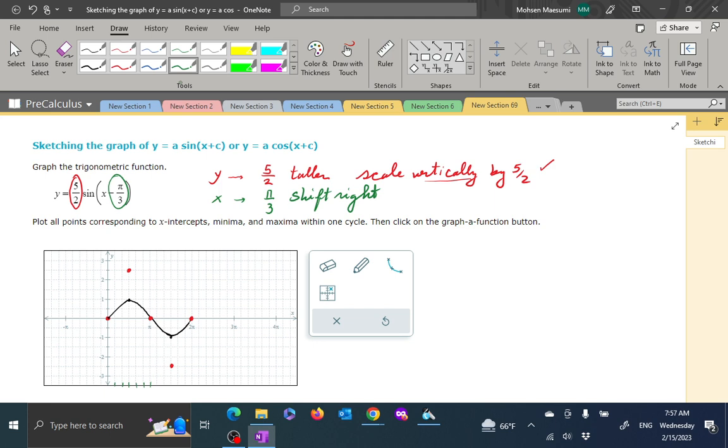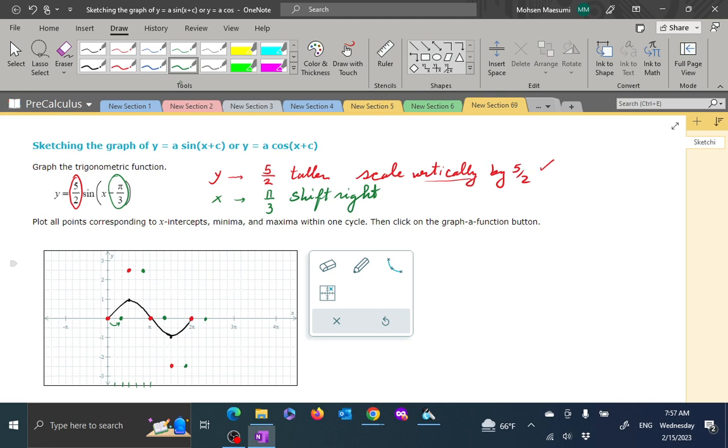So pi third translates to 2 blocks of this. This is pi, a third of it will be here. So moving to the right by pi third means this one came here, this one came here, this one came here, this one came here, and this one came here.